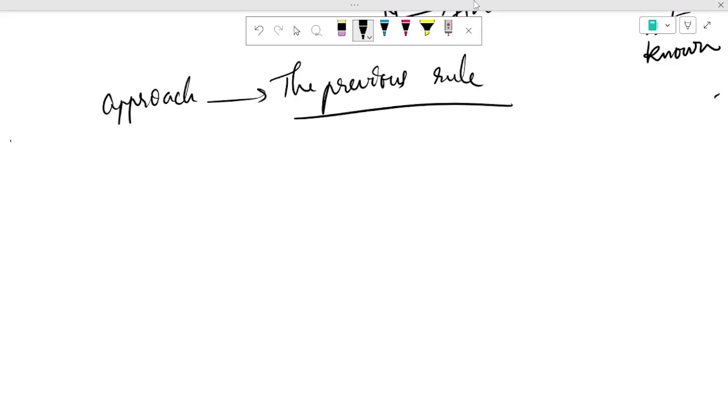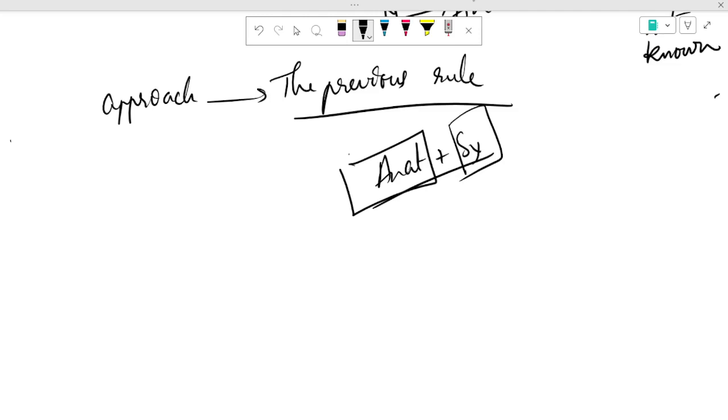Even one of the toppers, as well as myself, applied this rule in the PG examination. The previous rule, always. For example, you were given an anatomy plus surgery orientation. Anatomy, you just try to retrieve first. Then you go for surgery. Why?